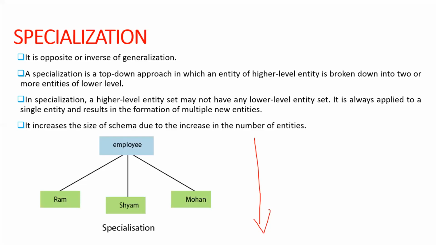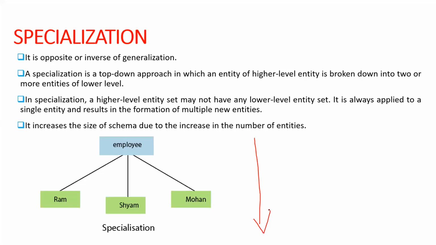Specialization: a higher level entity set may not have a lower level entity set, so it is not the rule. It is not compulsory that we must divide it into many entities. If it is possible we can divide, otherwise we will leave it.